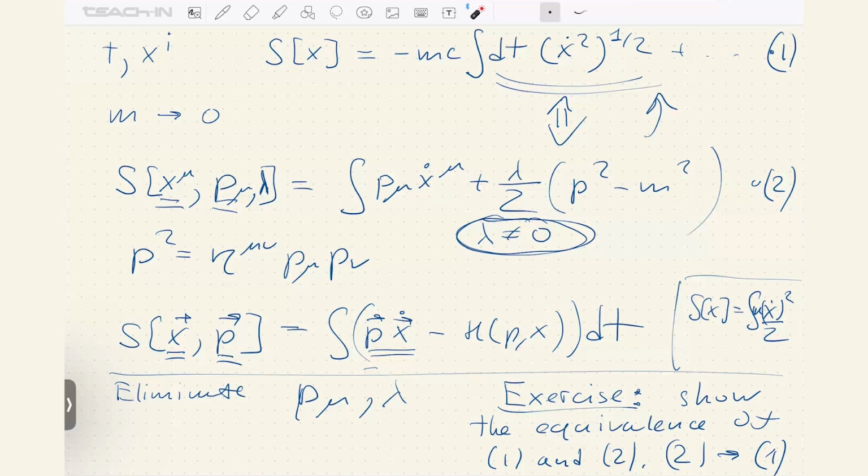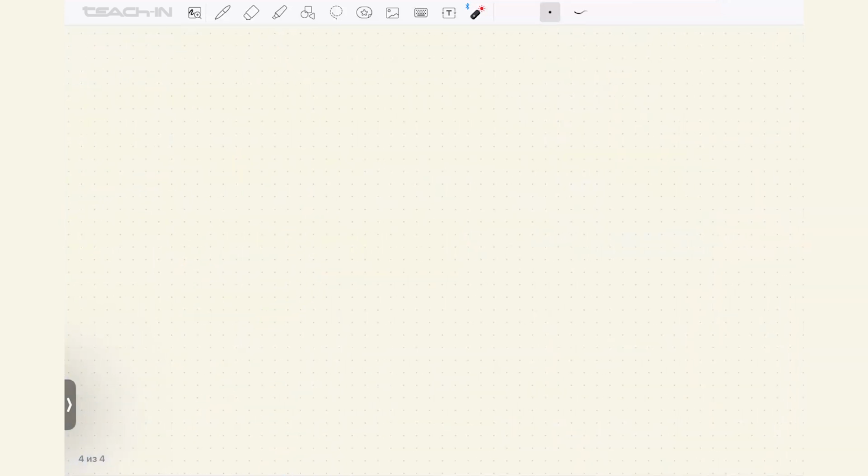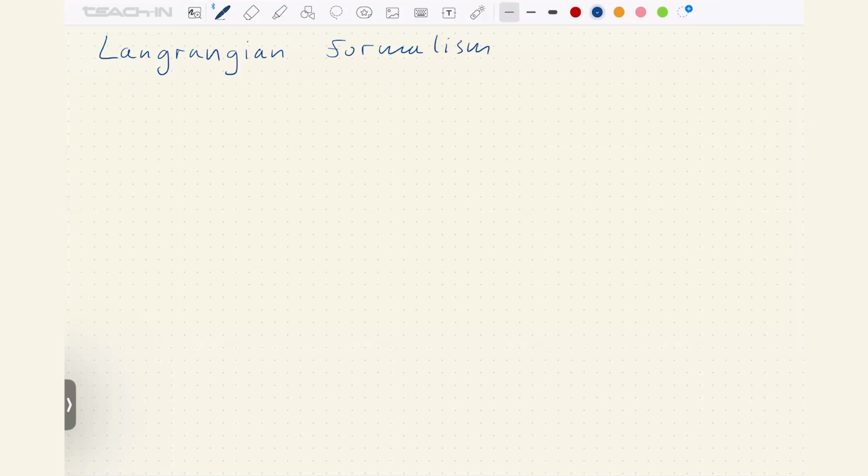Okay, good. So let's go to then Lagrangian formalism. A brief recap. I understand that for some of you, this may sound a bit too naive, because we're even going to talk about the one-dimensional case, roughly speaking, mechanics.